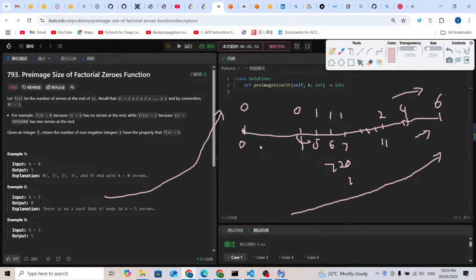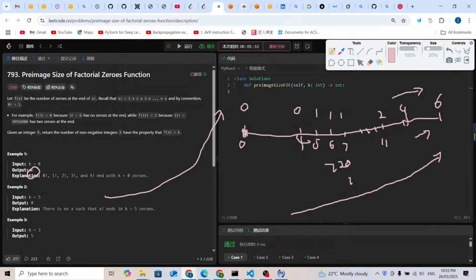So if k equals 0, with boundary search we find this number, but the answer is 5. How can we get this 5? We use k plus 1 minus k.